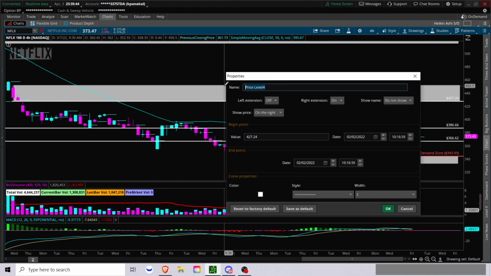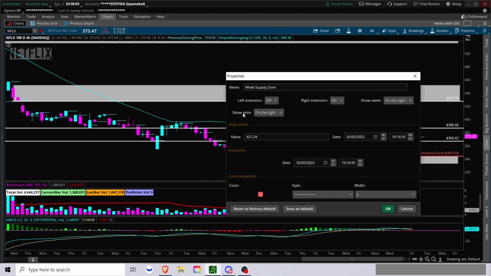the weak supply zone. Sorry, weak supply zone, because that's an important note that we do want to keep in mind. So we do know that we're not heavily relying on this supply zone to trade off of, but we could use it as confirmation or as a reference.